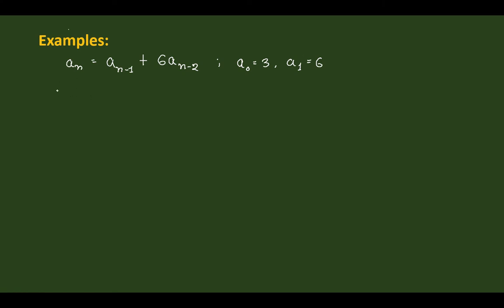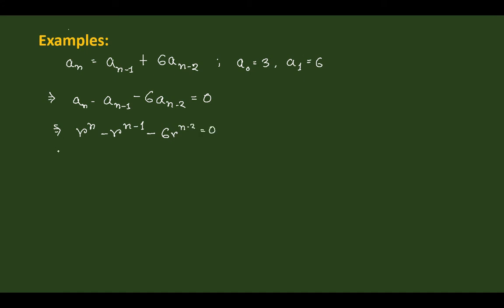So what we're going to do, we're going to put all the part of this right hand side to left hand side and make the right hand side 0. So let's do that. And I'm going to replace a_n by r to the power n. So it would be r to the power n minus r to the power n minus 1 minus 6 r to the power n minus 2.